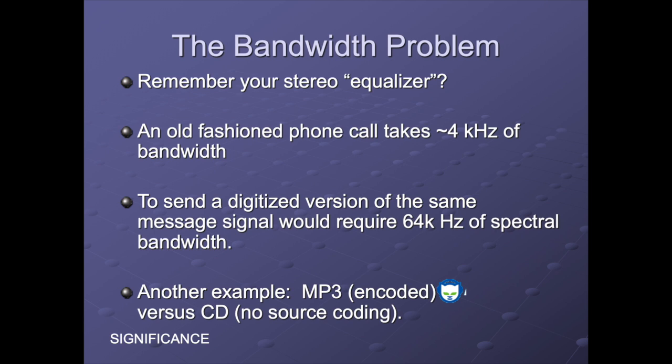The reason you encode something with MP3 rather than just taking the CD and ripping it to a WAV file is that the encoding of MP3 used some redundancy within speech to reduce that bit requirement. So you don't need nearly as many bits to represent, to a certain fidelity, the audio quality of the music. The bandwidth problem was essentially solved by source coding, and this MP3 idea is an example of source coding.